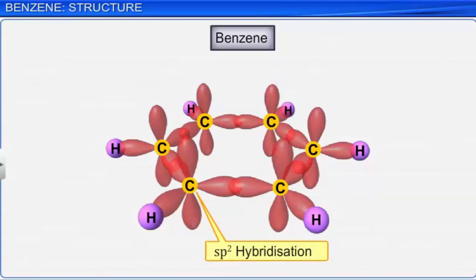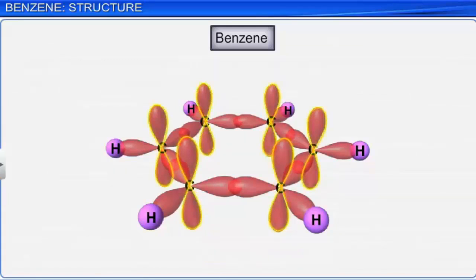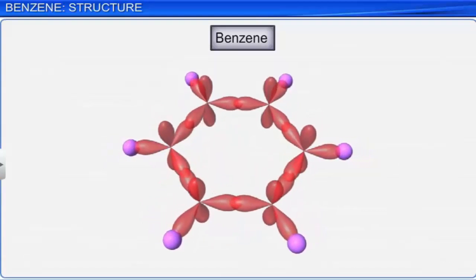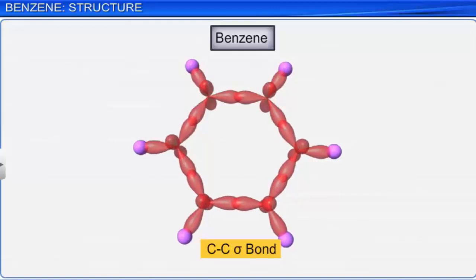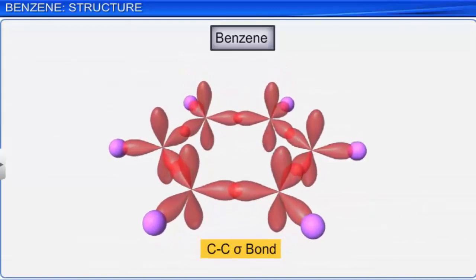Among the three sp2 hybrid orbitals, two sp2 hybrid orbitals of each carbon atom overlap axially with the sp2 hybrid orbitals of the neighboring carbon atoms, forming 6 carbon-carbon sigma bonds. The third sp2 hybridized orbital of each carbon atom overlaps with the 1s orbital of a hydrogen atom, resulting in 6 C-H sigma bonds.